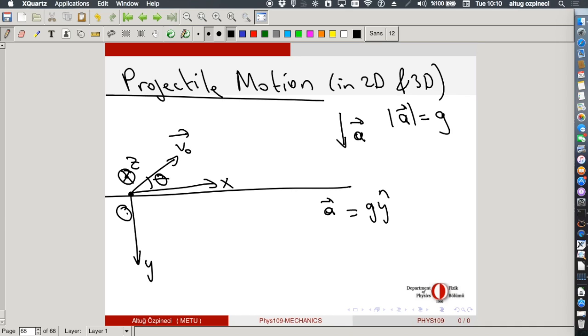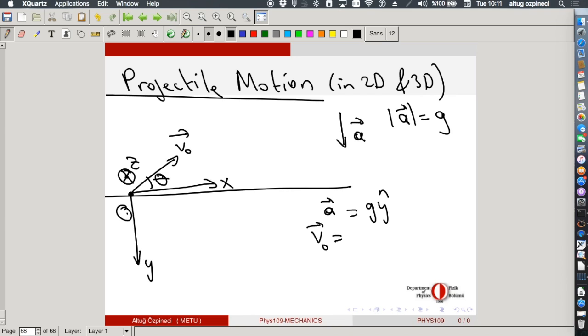Okay, so what is our initial velocity vector? Does our velocity have a z component? How did you choose the x-axis? Does the velocity have a z component?